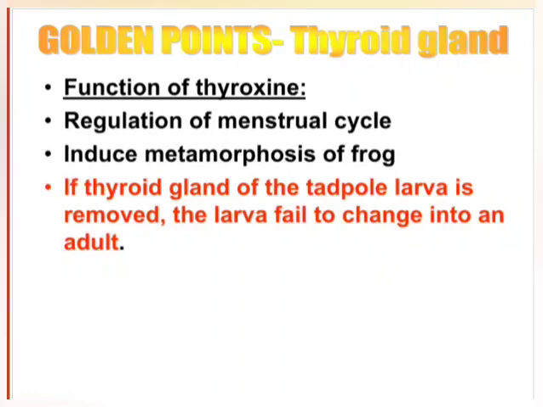So if we remove the thyroid gland of the tadpole larva, the larva never undergoes the metamorphosis process and does not change into an adult frog. At the same time, if you add iodine or thyroxine to the tadpole larva's water, the tadpole larva consumes the thyroxine or iodine from the water and it hastens the metamorphosis process. It quickly reaches the adult stage.